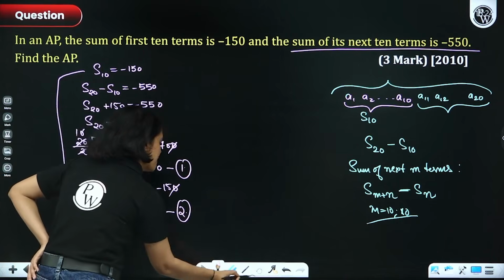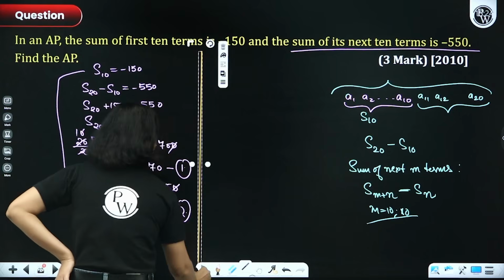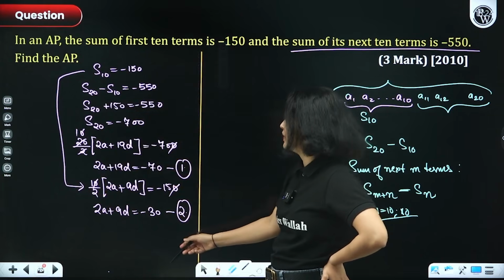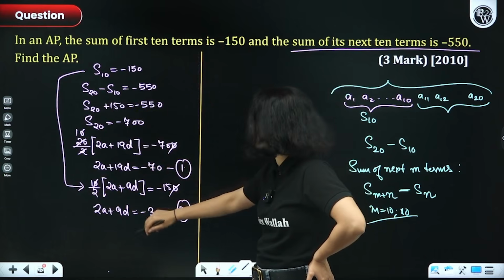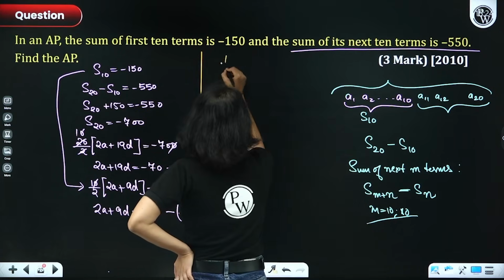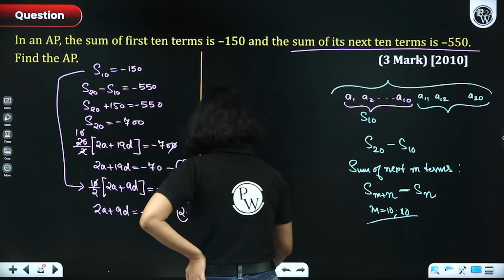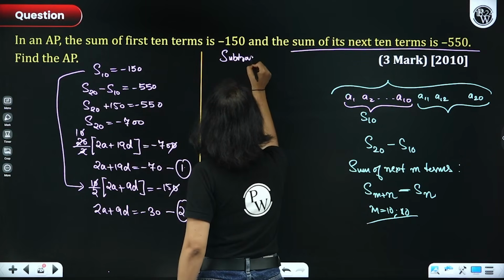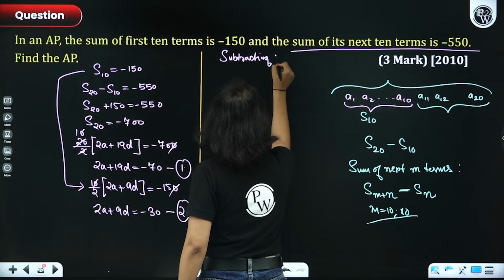So we have a pair of linear equations in 2 variables. Now all you need to do is evaluate. Let's just subtract, because when we subtract, 2a and 2a will get cancelled. So subtracting 2 from 1.